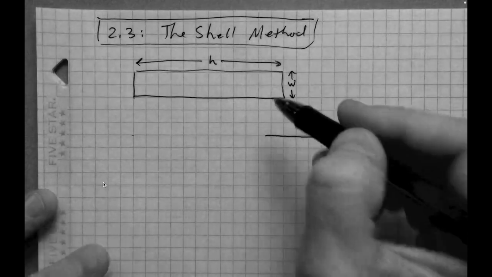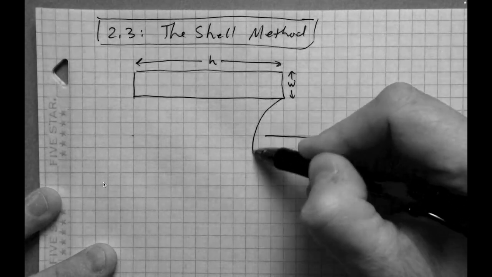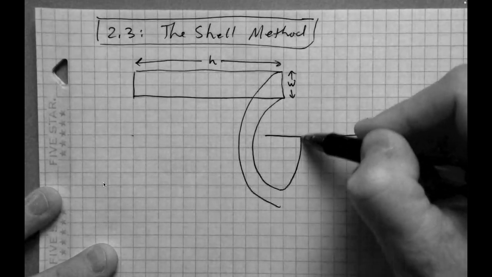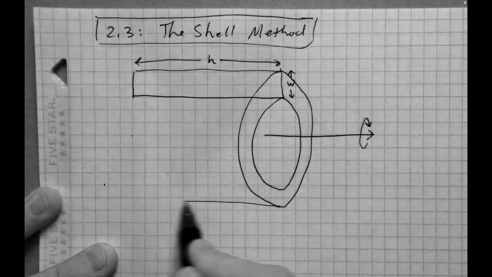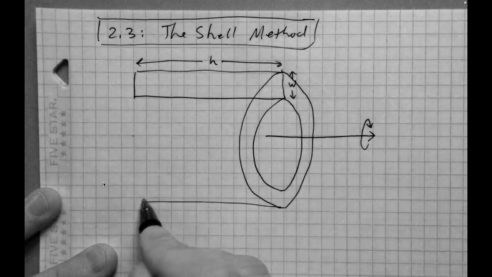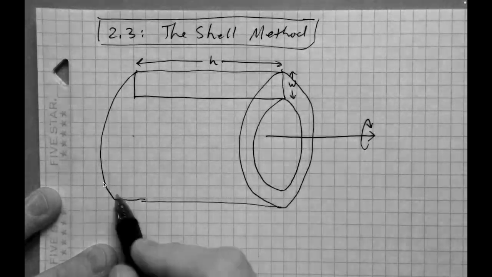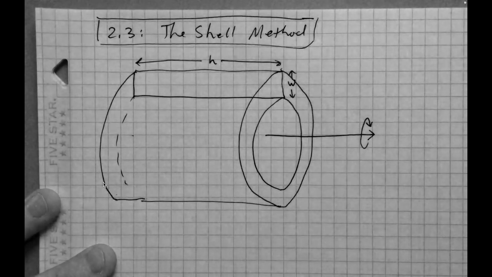So we can imagine what would happen if we were to rotate this. It would come down, and you'd get some kind of a cylindrical shape here. It would look a bit like this, wouldn't it? You'd have kind of a thing behind it there.